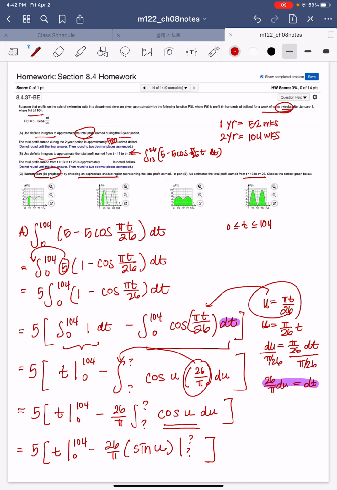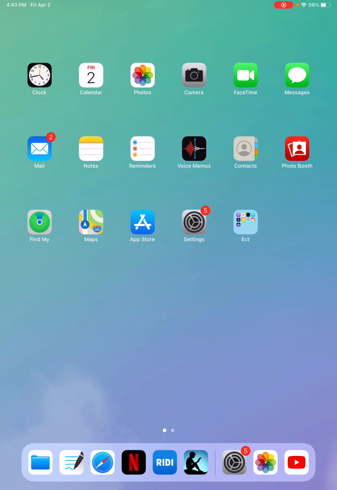On the calculator, that will be my x value, x-axis. And then y, p of t, is actually going from 0 to t. So that's my y-axis. I'm going to set these numbers so that I have the same setup as my options.